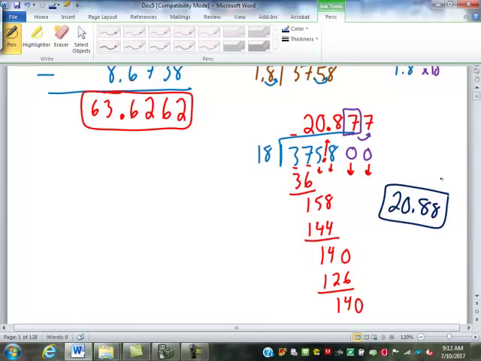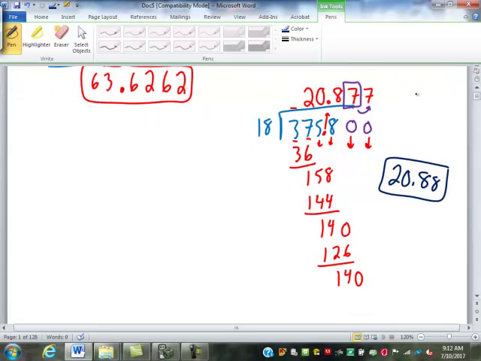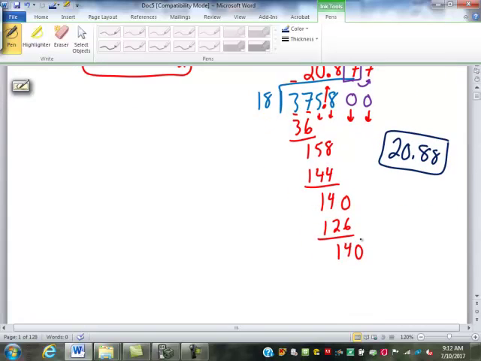Now in this problem, something occurred here that occurs quite often that we need to figure out how to deal with. I had 140 here. I had another 140 here. Well, 7 times 8 is going to be 126. It's going to be 14 again, and when I add a 0, it's going to be another 140.